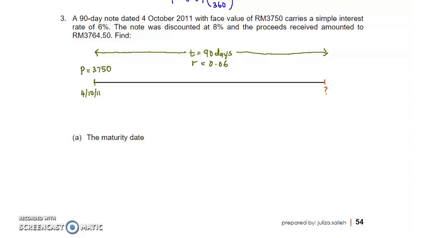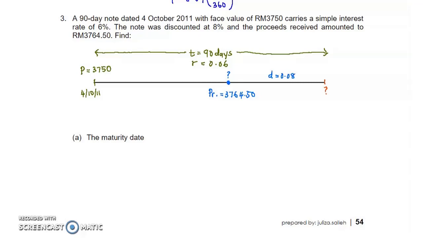When we discount the note, it must be before maturity date. Let's say I put it somewhere around here. The amount that we will receive here is the proceeds, which is 3764.5. Do we have the discounted date? No discounted date given, so here also we do not know the discounted date. And we know that the discount rate D here is 8%. Okay, so that is the information that we have.